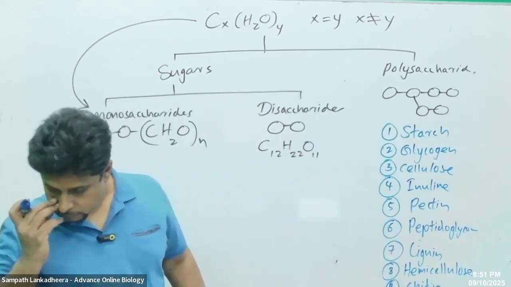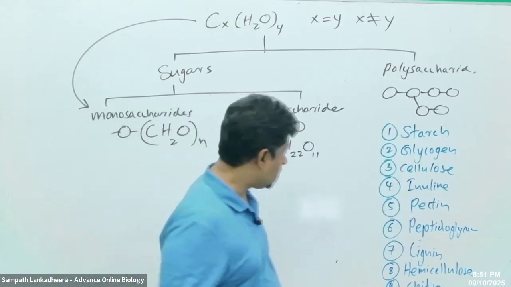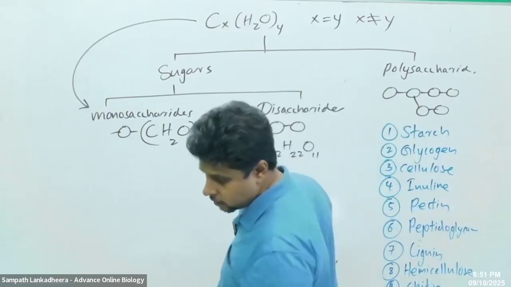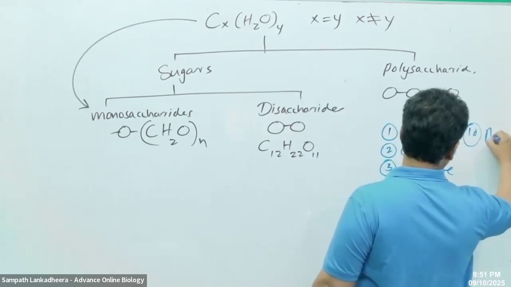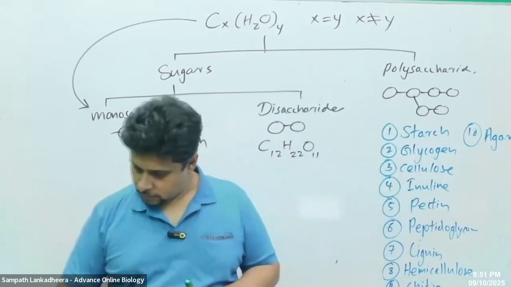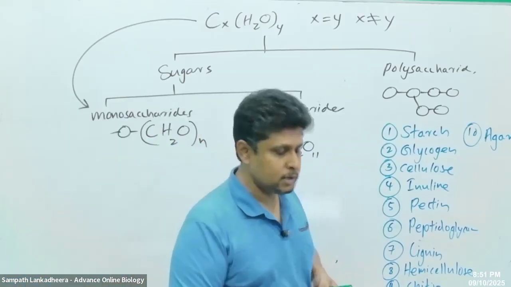AGA also we took into the list, right? Lignin we took that. Then the 10th one, AGA. So altogether we discussed 10, right? So this is the polysaccharide list.